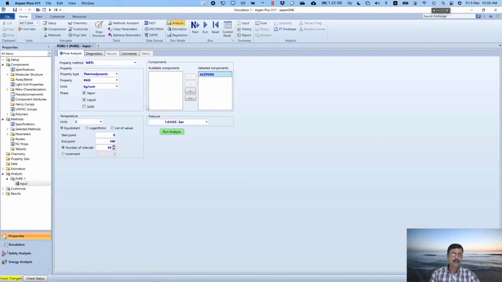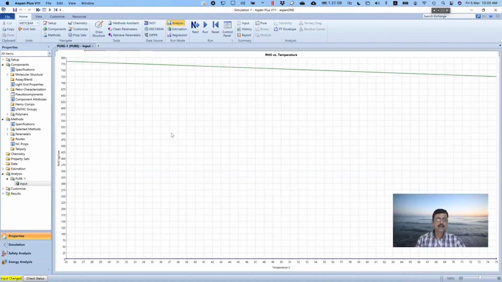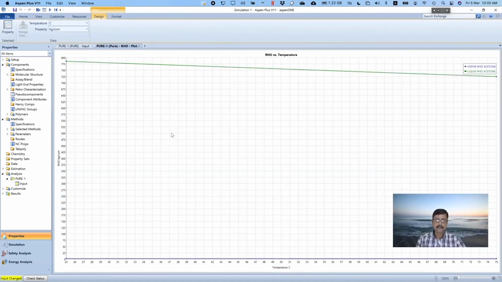So we give list of values. So let us write 25 degrees centigrade and 75 degrees centigrade. Now we have to run analysis. Press it. So it's running and the results are available.